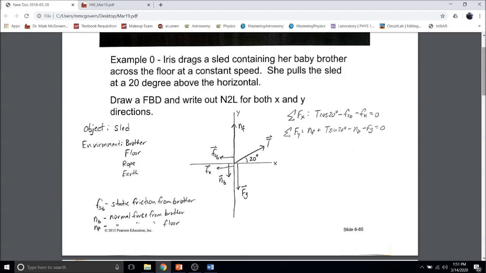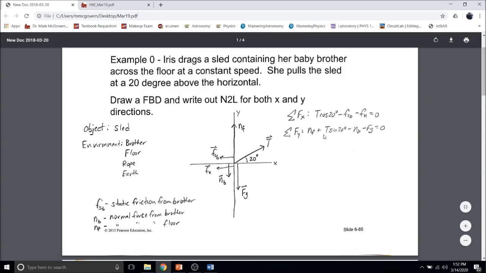So the tension actually serves a couple purposes here. It is mostly intended on pulling the sled across the floor, but there is a component that goes upward, and what that does is it acts to support the sled to some extent against the weight of things that are on it. So in terms of what's going on in the y direction, you can see the second equation that I have here is NF is up, T sine 20 is up.